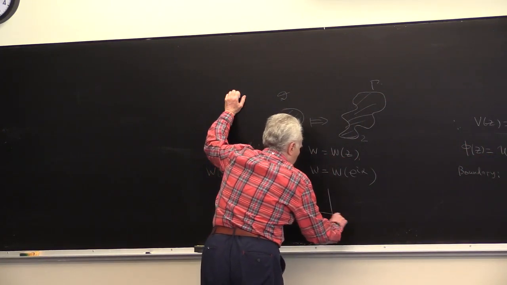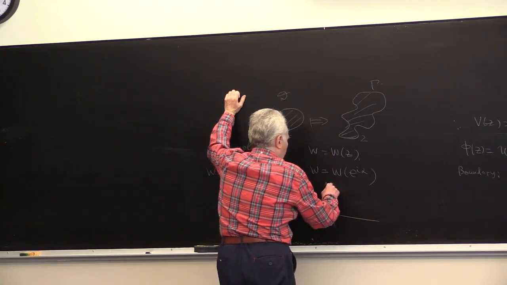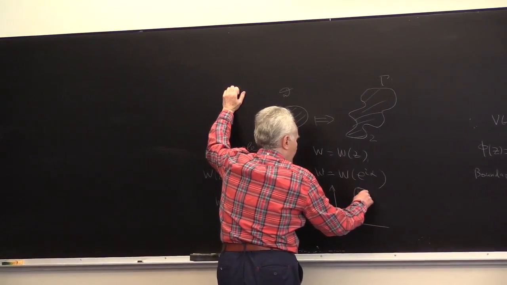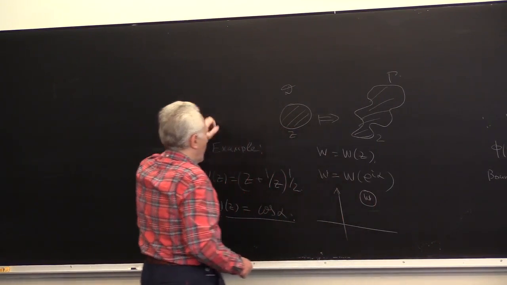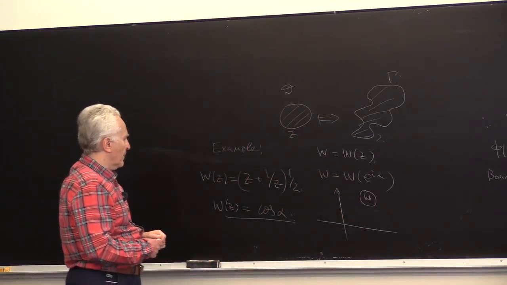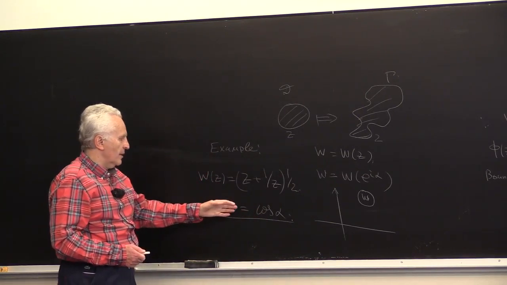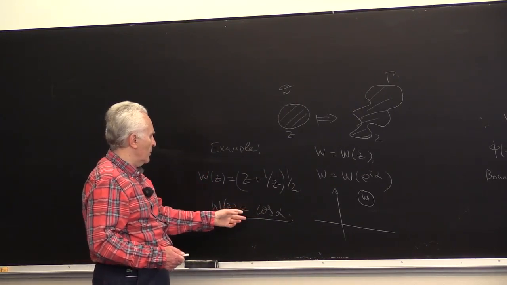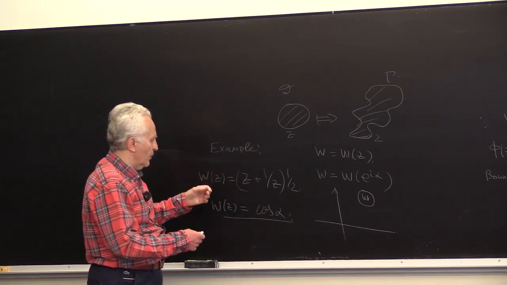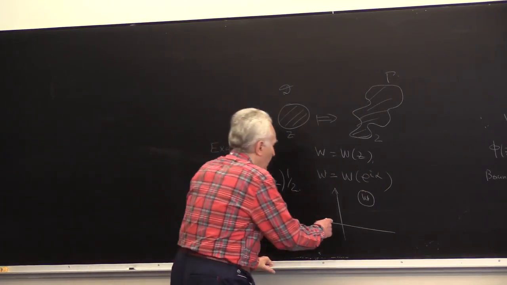Well, let's draw the W plane. And what really happens here is that as alpha goes from 0 to 2 pi, cosine alpha goes from -1 to 1.